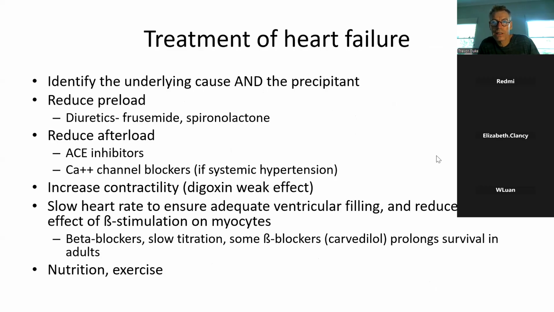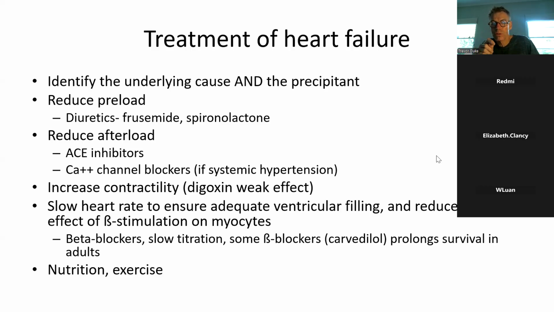Whenever you're treating heart failure, you need to identify the underlying cause and the precipitant. We talked about the underlying causes, but there's many different precipitants that can lead to heart failure. I'll just go through those shortly.